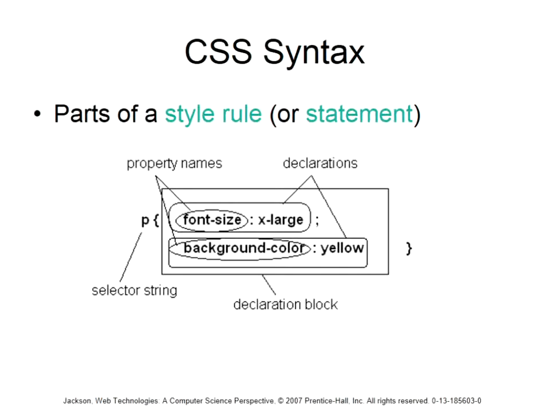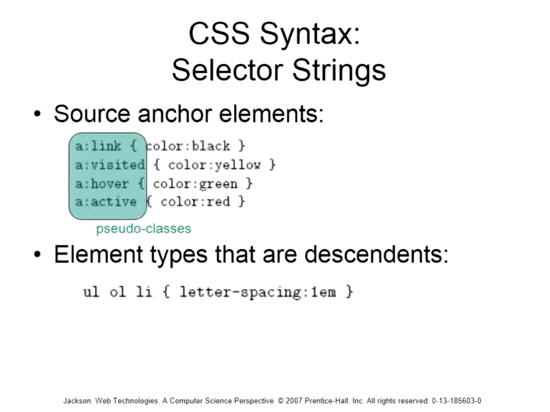The second manner is that we can use, in the same document, the tag style. So we use the tag style in the same HTML document. This tag will be under the tag head.